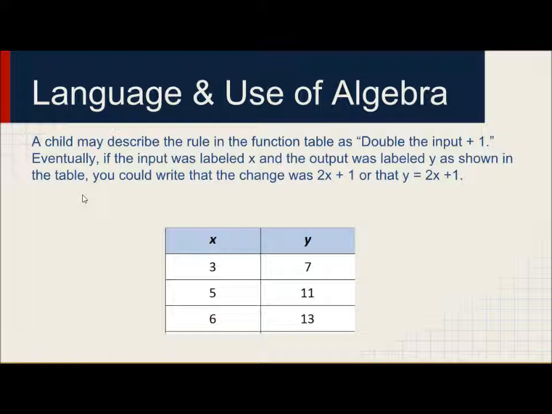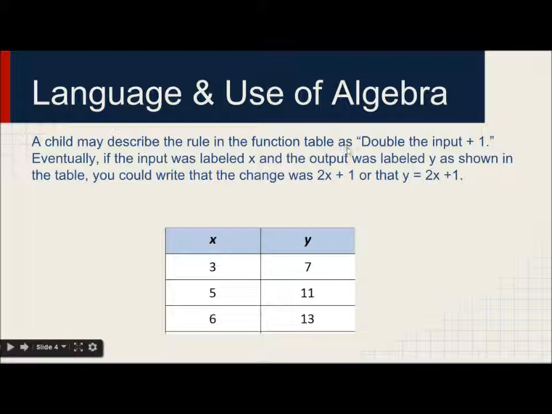Language and use of algebra. A child may describe the rule in a function table as double the input plus 1. Eventually, if the input was labeled as x and the output was labeled as y as shown in the table, you could write the change as 2x plus 1, or that y is equal to 2x plus 1.